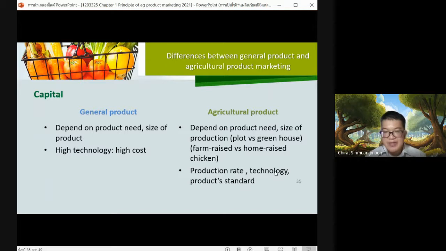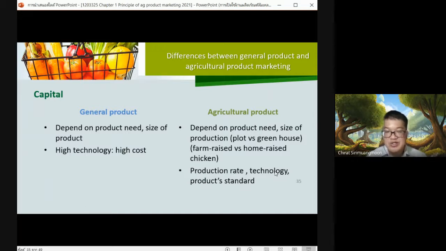Think about you produce fruit and vegetables in your house, and you need to produce fruit and vegetables in a big farm. So we have different sizes. Or think about farm raised and home raised chicken. So we have different perspectives too. So that is the agricultural product issue.